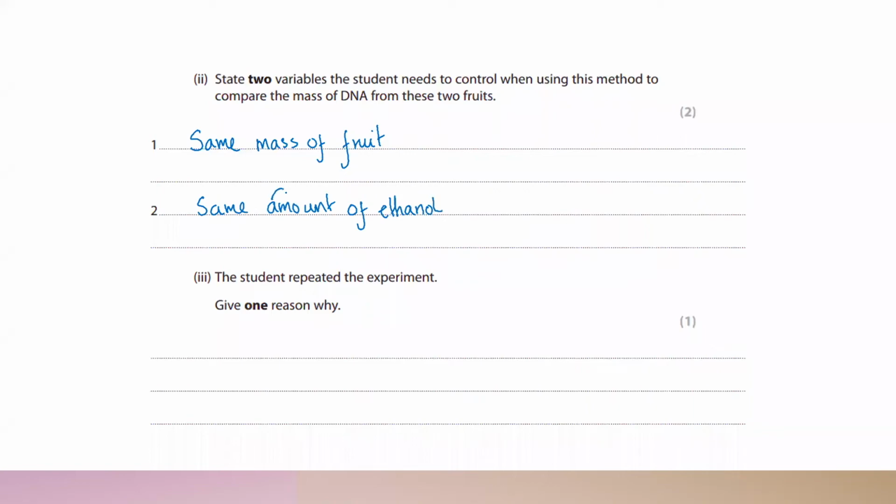I wouldn't use amount, we'll be more precise here. Well, the student repeated the experiment, I'd say, to confirm results or to make an average.